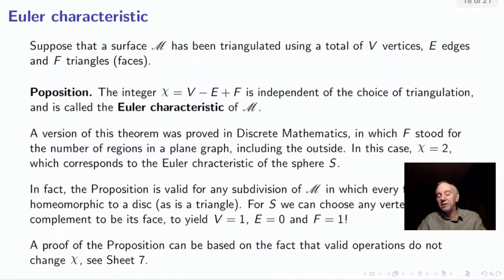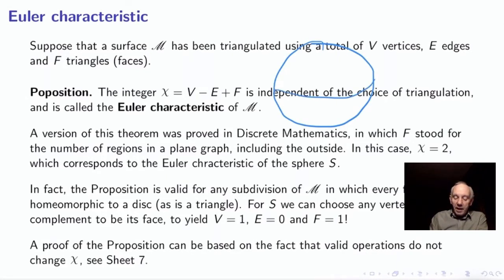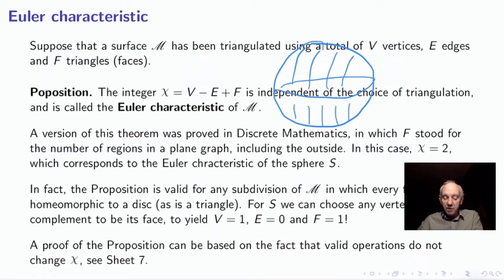But of course, you can divide the sphere up in other ways. If you like, here's a sphere, you could take the equator, and we could have the northern hemisphere, which is homeomorphic to a disk if you think of it as an open hemisphere, and the southern hemisphere. So that would give you two faces. But there's something else I forgot to say. Your edges have to be homeomorphic to an interval.